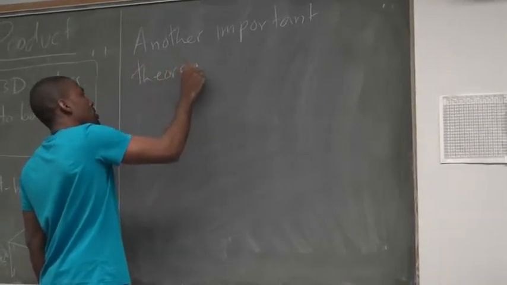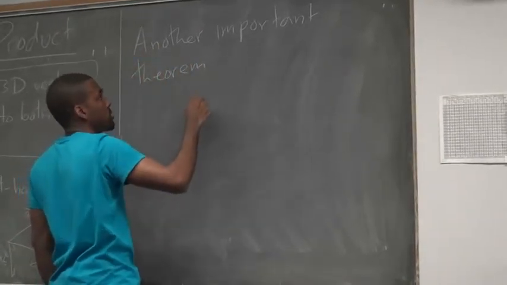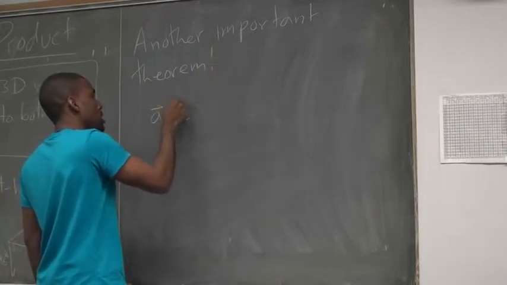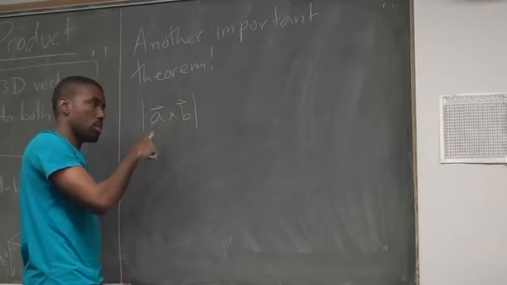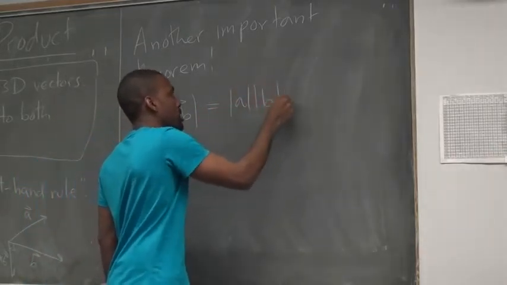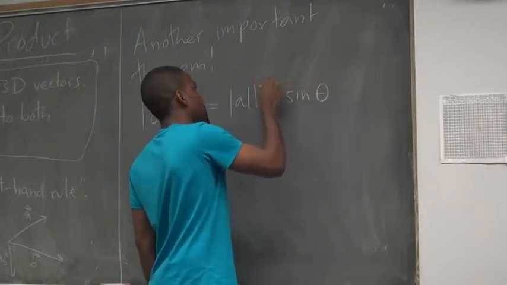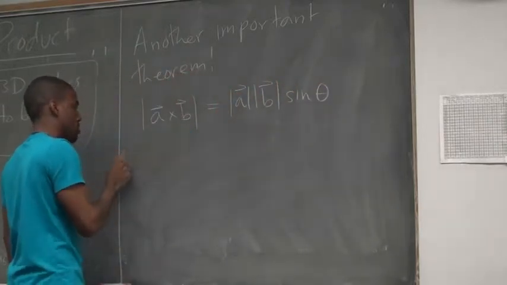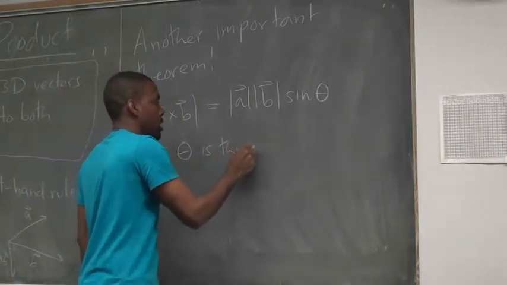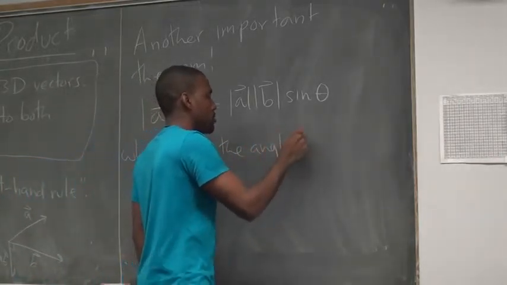There's a very similar theorem with the cross product. It uses sine. You take the magnitude of A cross B, and it's equal to the magnitude of A times the magnitude of B times sine theta, where theta is the angle between A and B.